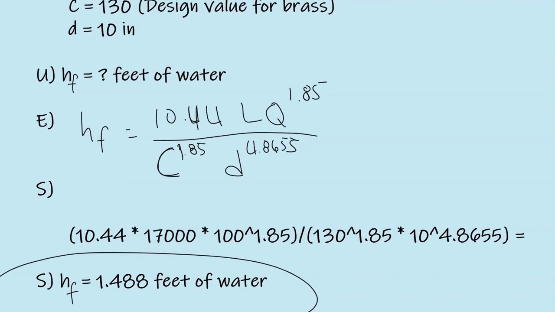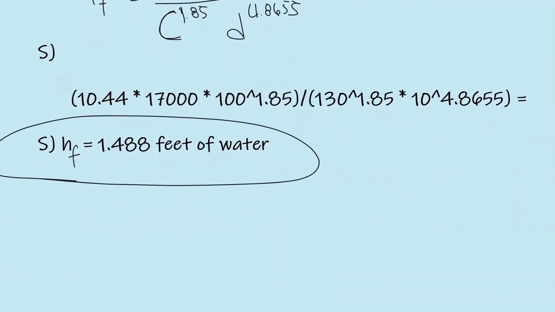To do it all at once in your calculator, you would do this. Start with the parenthesis and then do your multiplication first. So you're going to have 10.44 times your 17,000, which is your length of pipe, times the gallons per minute raised to 1.85. Then we're going to divide and start another set of parentheses here, forcing the order of operations.